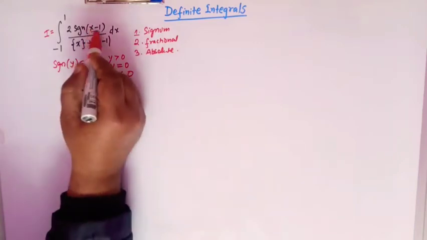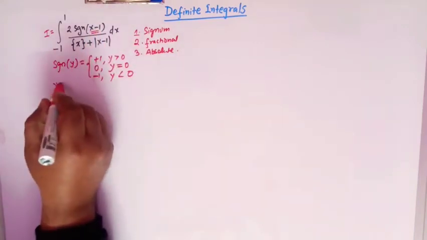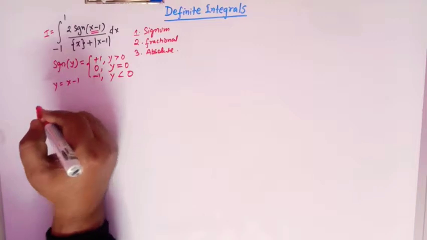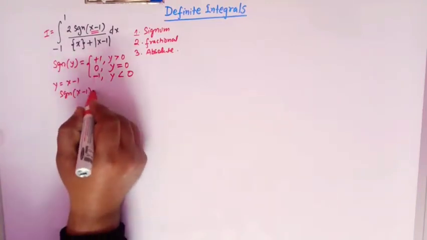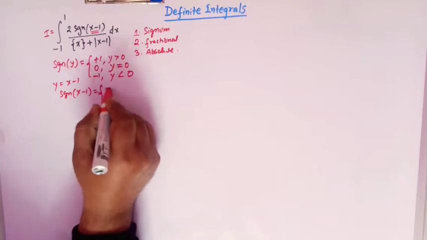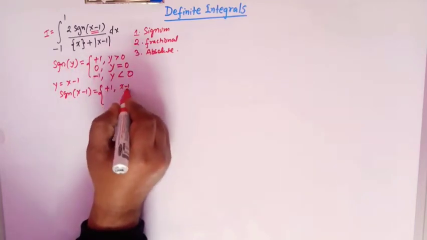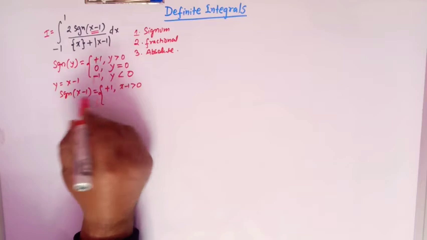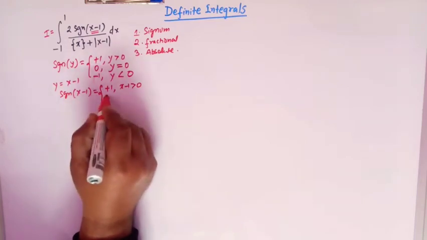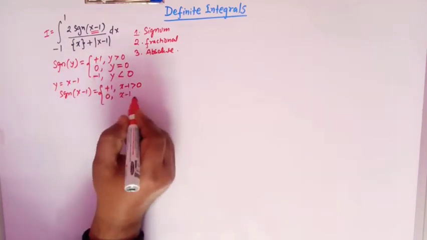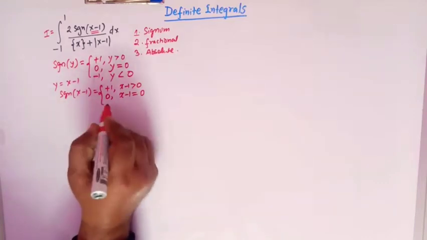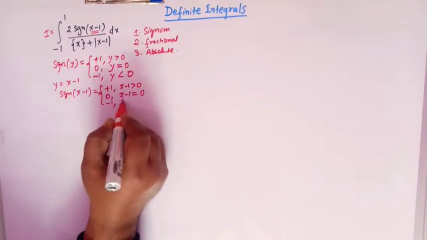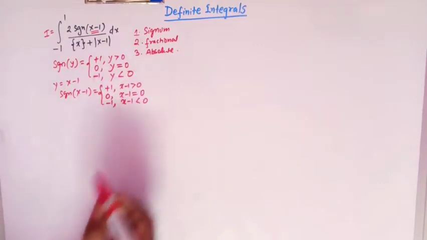Here we have x minus 1, so y can be taken as x minus 1. So signum of (x minus 1) is equal to +1 whenever x minus 1 is greater than 0, equal to 0 whenever x minus 1 is equal to 0, and equal to -1 whenever x minus 1 is less than 0.